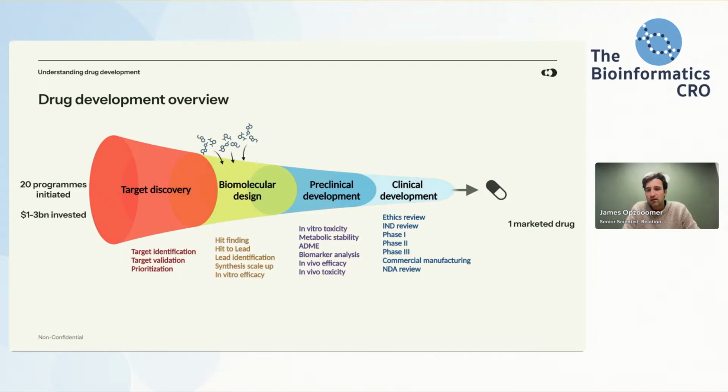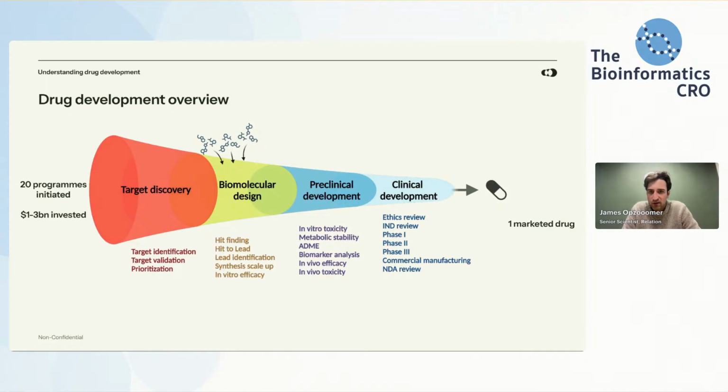Now, this slide really represents a simplified overview of the drug development funnel, which I'm sure you're all well aware of. On the left, we start with maybe 20 programs, 20 ideas for new medicines. And we invest on the order of $1 to $3 billion across this funnel. And after all that work, we typically end up with just one marketed drug.